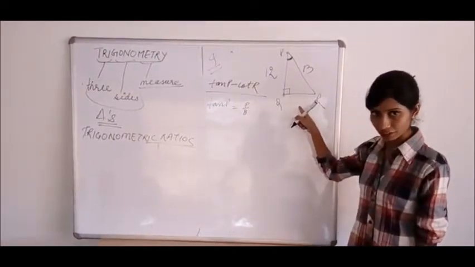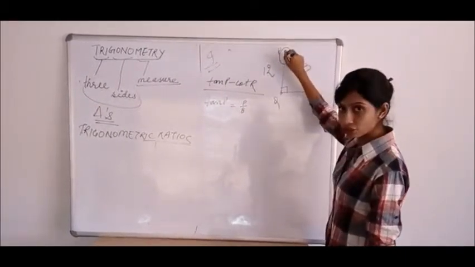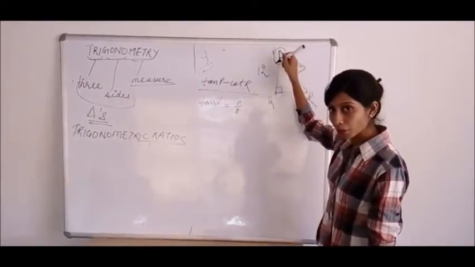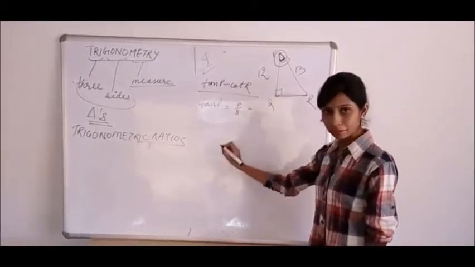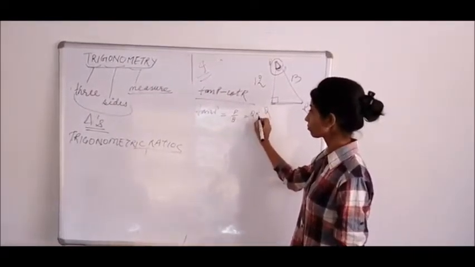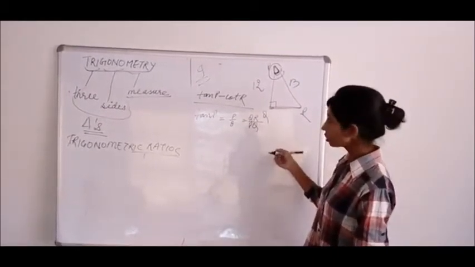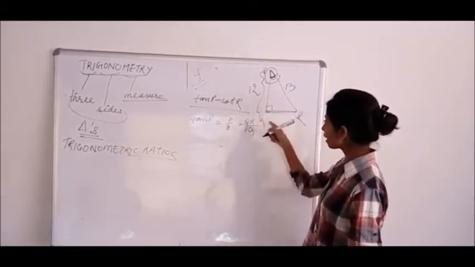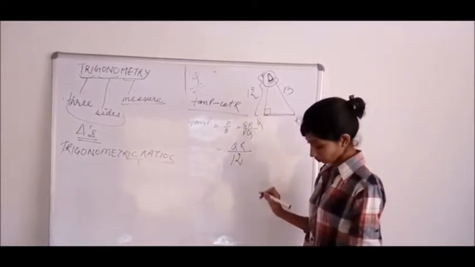The side opposite to the angle for which we want to calculate the trigonometric ratios is known as the perpendicular. So for tan P, the perpendicular will be QR and the base will be PQ, since base is the side adjacent to that angle. We are not given QR, and PQ is given as 12.